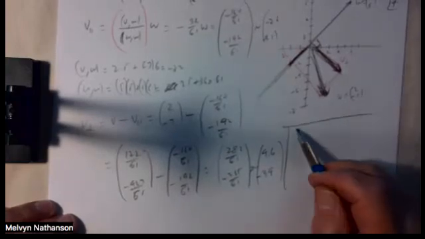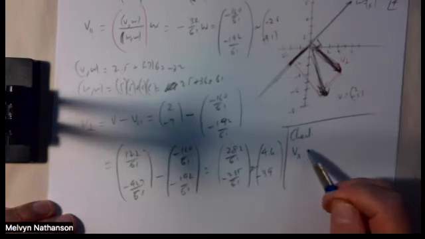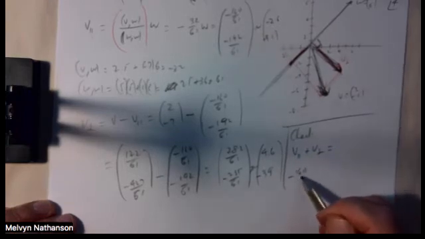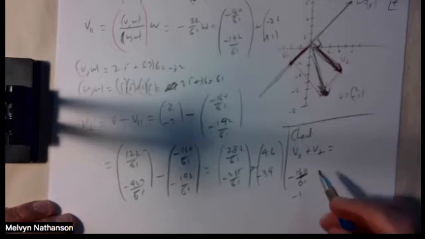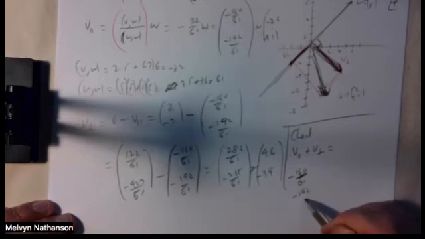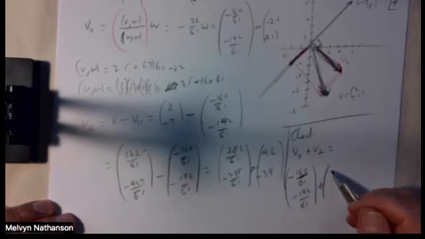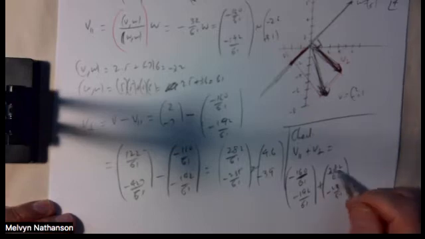Let me just check. I take V parallel plus V perp. That's minus 160 over 61, minus 192 over 61, it's that vector, plus V perp, which is 282 over 61, minus 235 over 61.